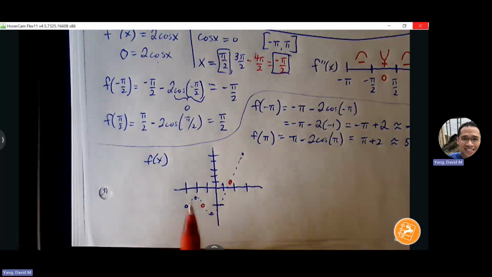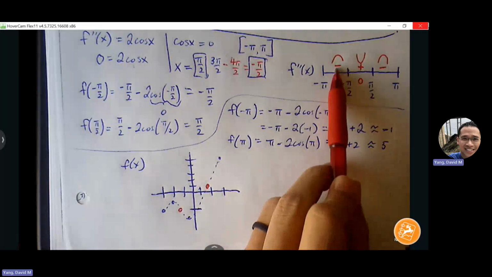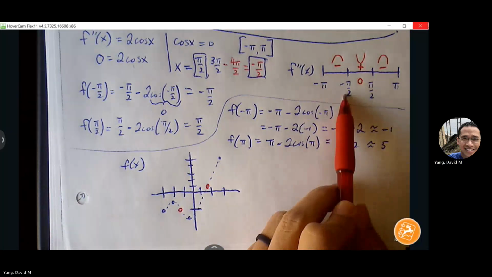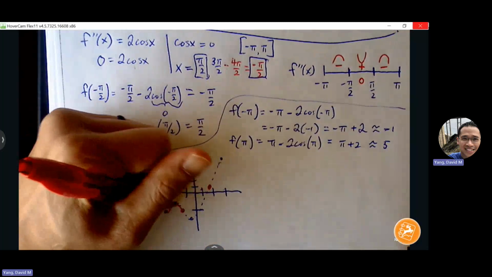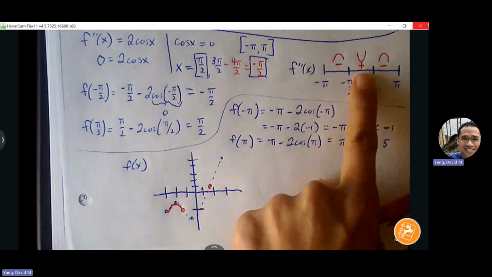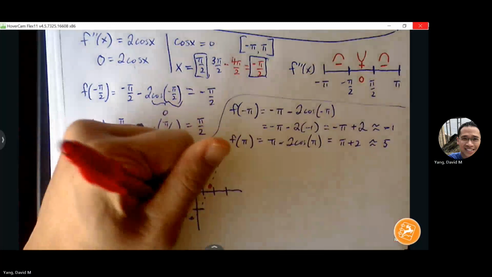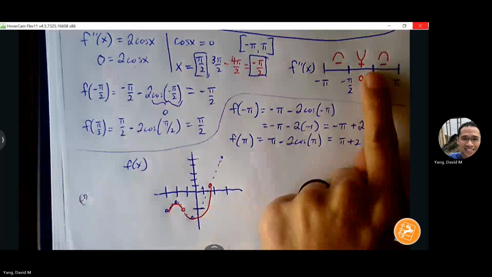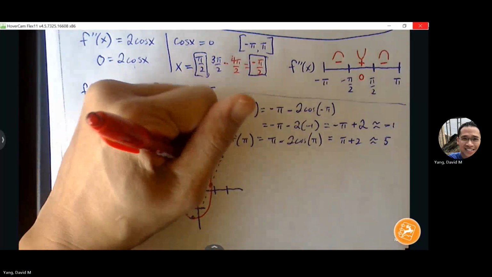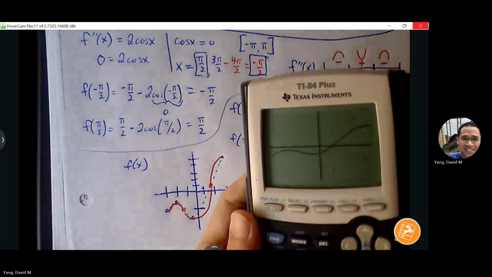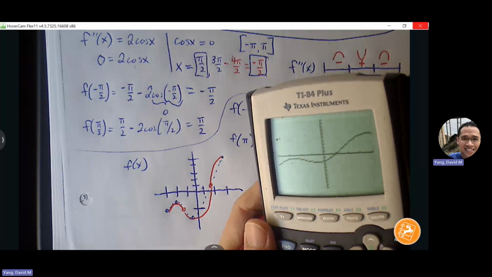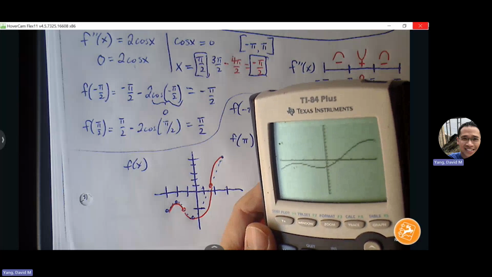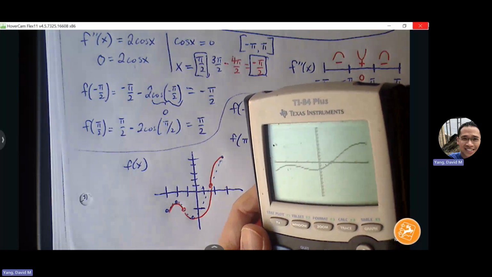I can exaggerate my concavity here, right? Concave down at my first point of inflection, then it turns into concave up. So concave down here, followed by concave up, followed by concave down. Not exactly, but it follows the shape of the graph. That's all we need.